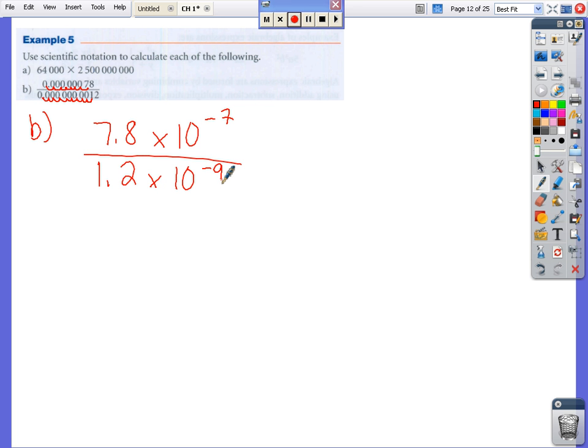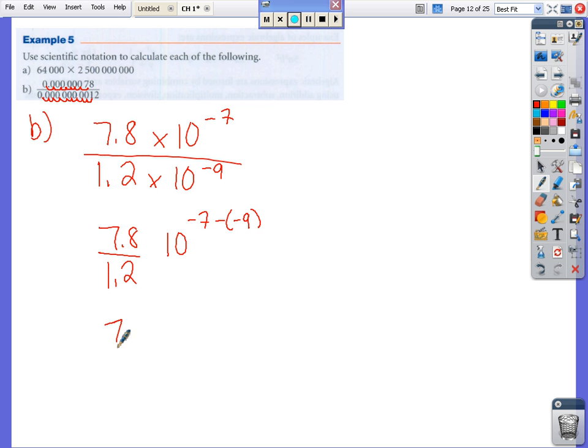The 7.8 and the 1.2, we don't have to worry about. We're just going to divide those. And we can really deal with taking your 10 power and doing negative 7 minus the negative 9.